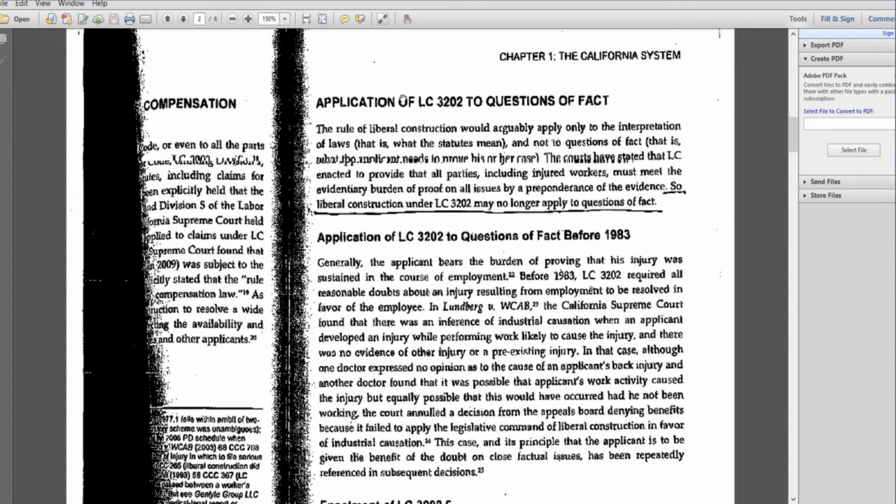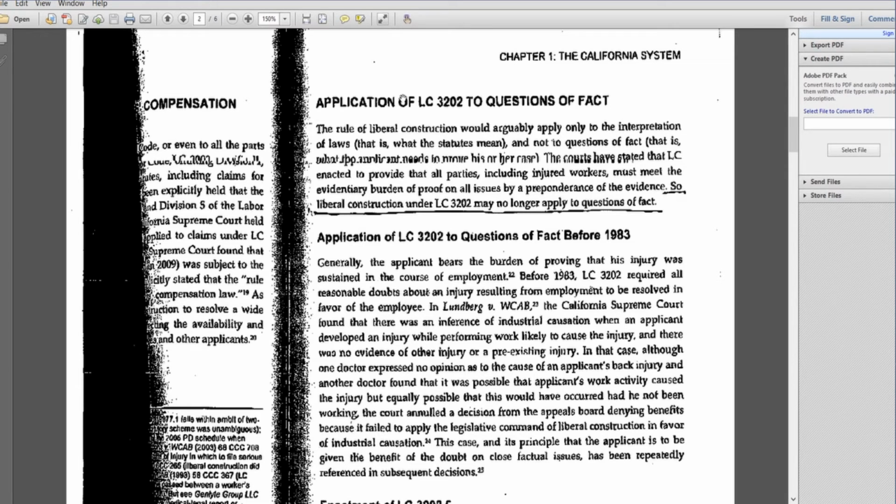So in other words, if an injured worker actually did not injure themselves at work, in other words, the facts do not support an industrial injury, then Labor Code 3202 does not apply.